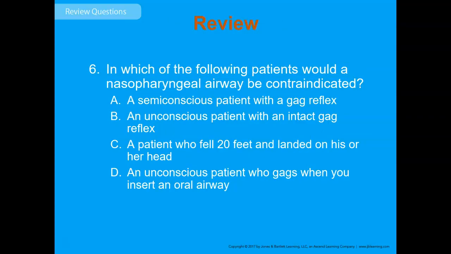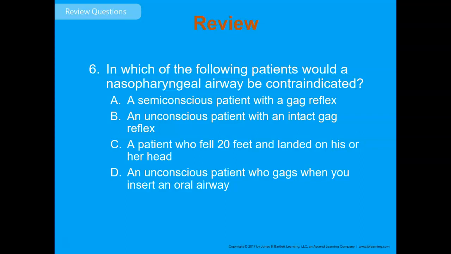In which of the following patients would an NPA, or a nasopharyngeal airway, be contraindicated? A semi-conscious patient with a gag reflex, an unconscious patient with an intact gag reflex, a patient who fell 20 feet and landed on his or her head, or an unconscious patient who gags when you insert an oral airway. A lot of these are actually the exact opposite answer of what's right.